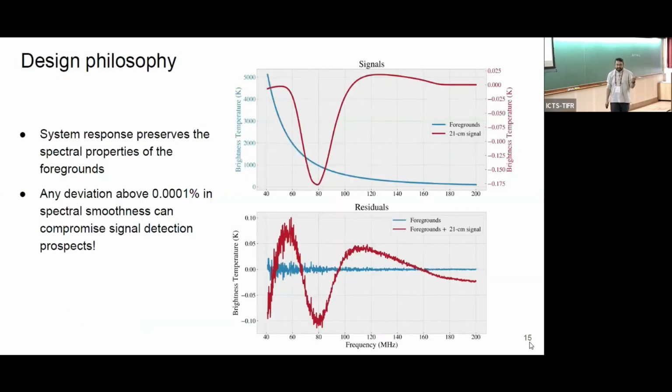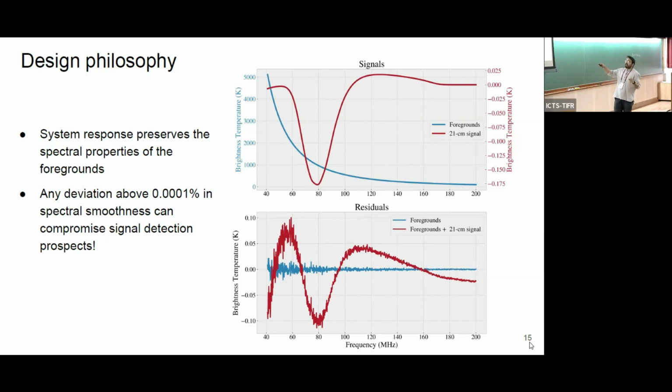And the design philosophy, as I said before, is to preserve the spectral smoothness that is there in the foregrounds. There are various ways an instrument can imprint its own characteristics in the foregrounds, and that just makes the signal extraction impossible.